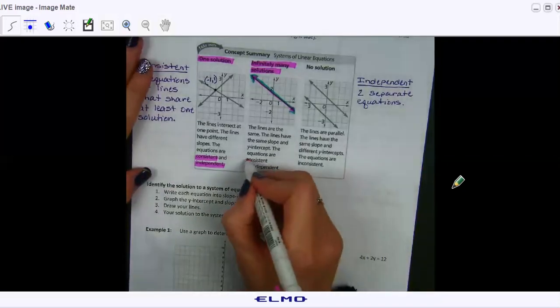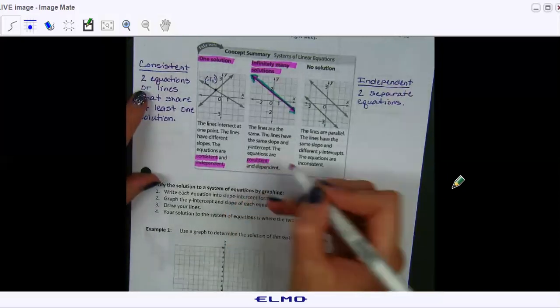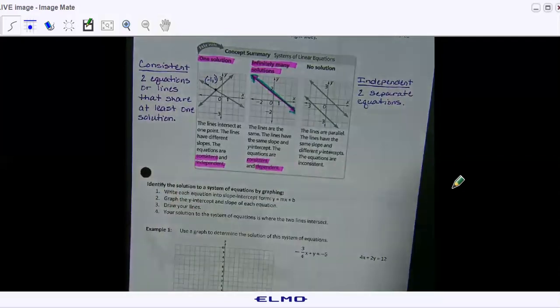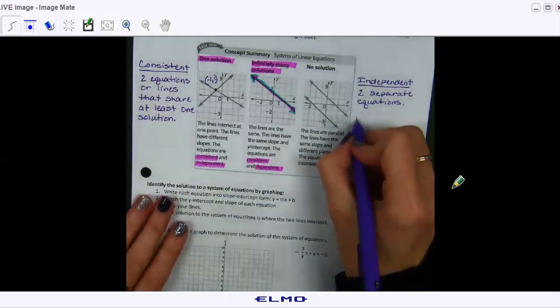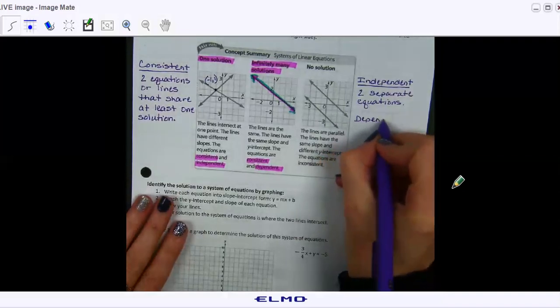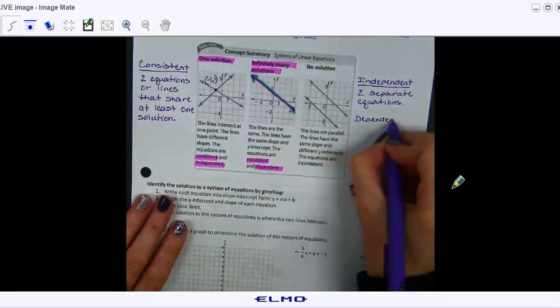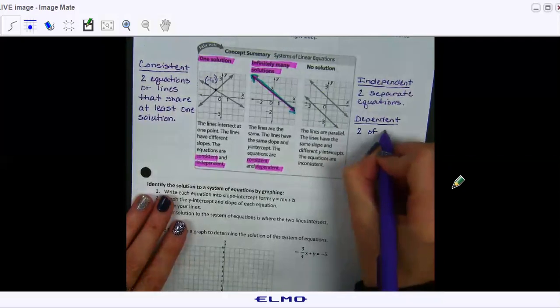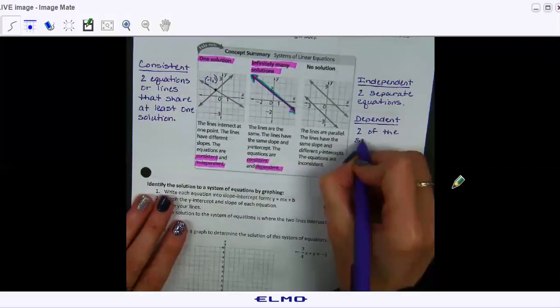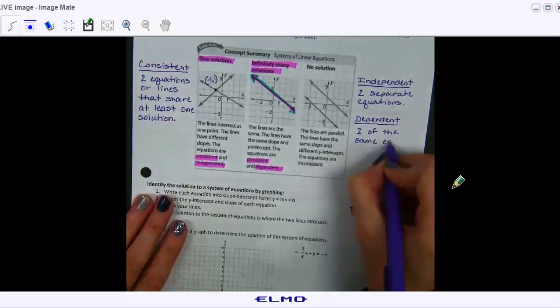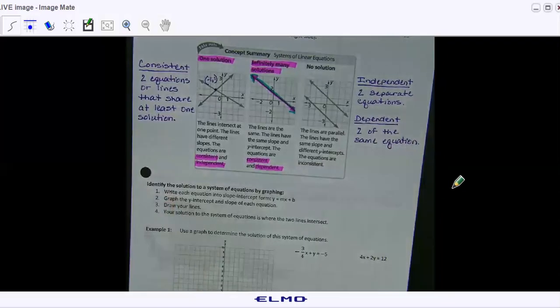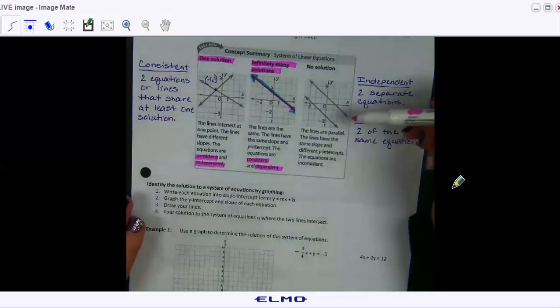And this is consistent, meaning the two equations share at least one point on the line, and dependent. And so we're going to write what dependent means over here. And this is just two of the same equation. Okay, then you have two parallel lines.